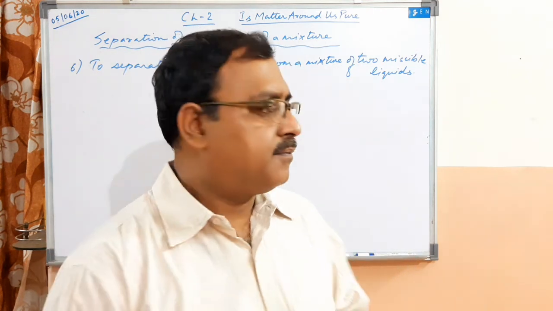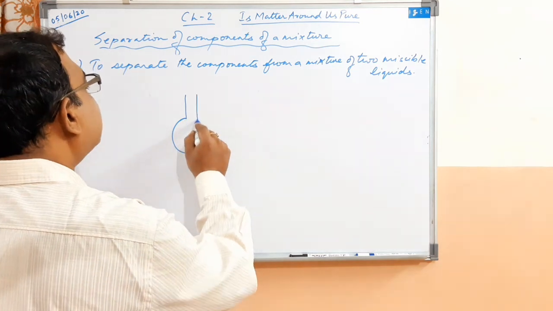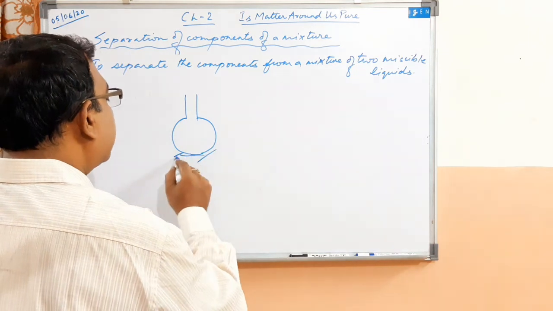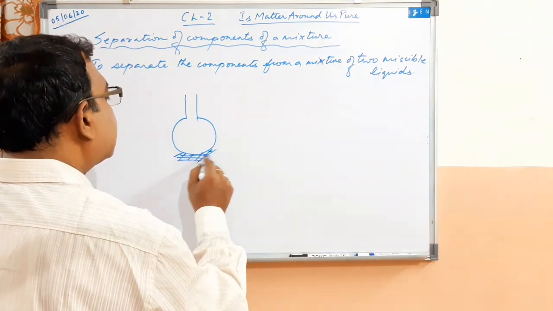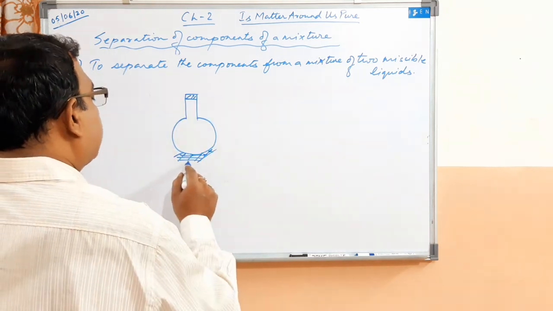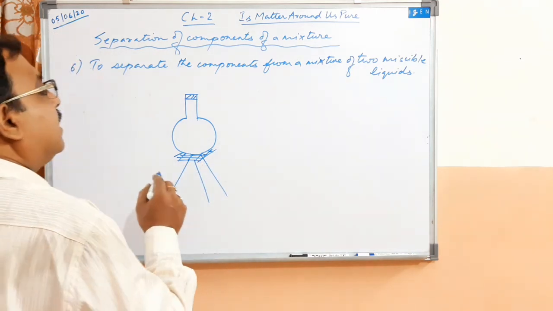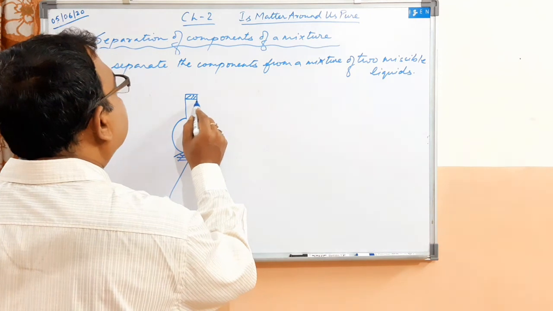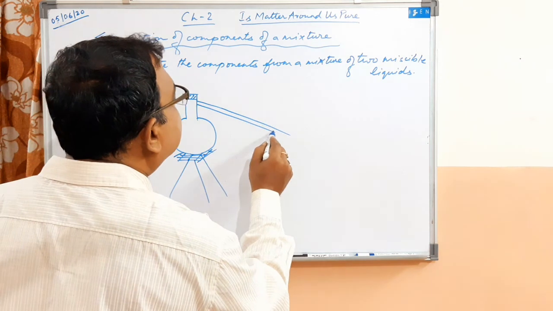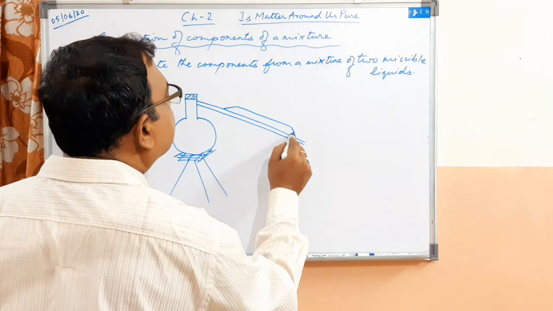In distillation, at first a round bottomed flask is taken. This flask is kept over a wire gauze, kept over a tripod stand. Now, from here, a Liebig's condenser is attached at the side.